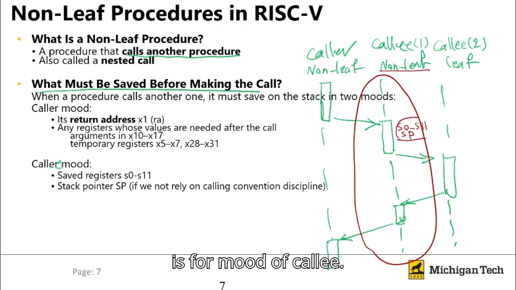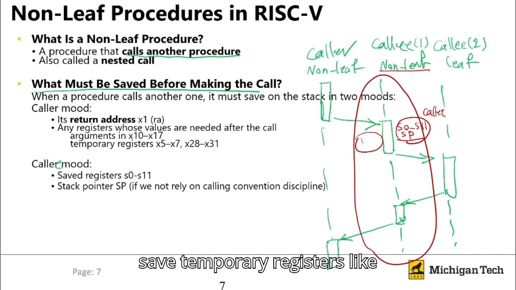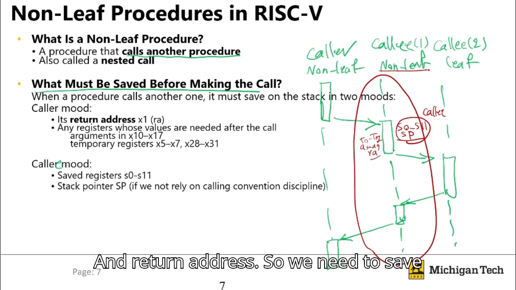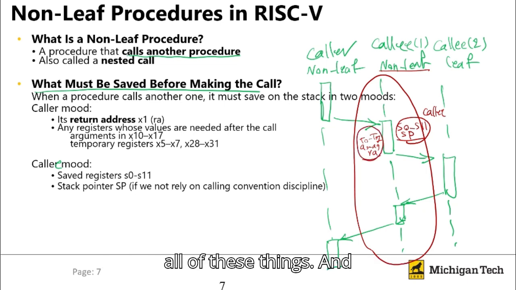This is for callee mode, and for caller mode we need to save temporary registers like T0 to T7, sorry, and also argument registers A0 to A7, for example, and the return address. So we need to save all of these things.